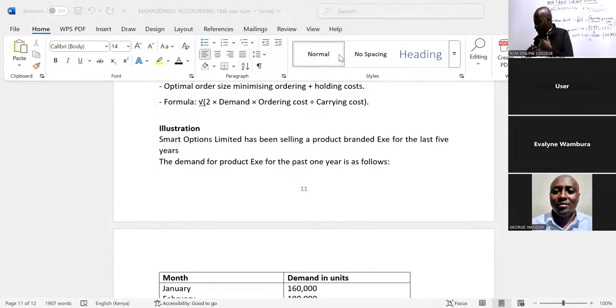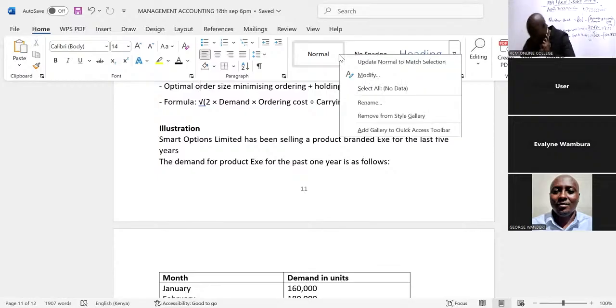So we are looking at an illustration on smart options. Right. So I'm reading this. Have you been able to add those, gentlemen?